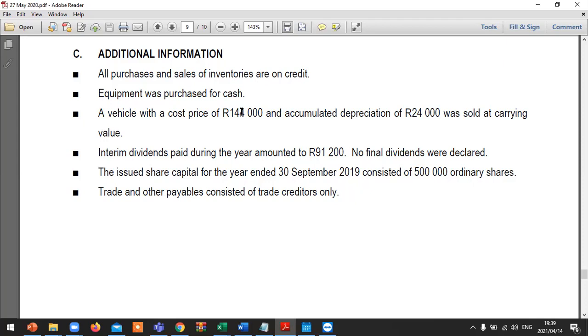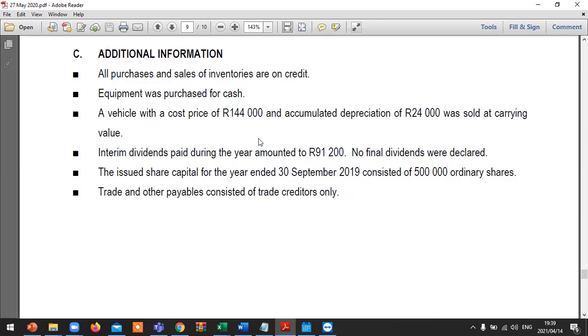The depreciation that is given on the statement of comprehensive income is inclusive of all fixed assets. It means that this equipment that was purchased, let's assume it had depreciation. That depreciation is included there. This vehicle that was sold, it also had a depreciation. That depreciation is already included there.